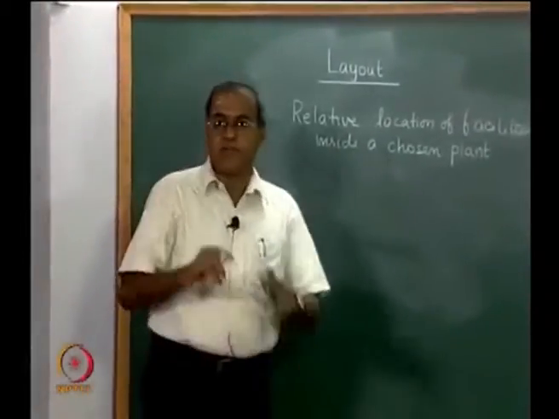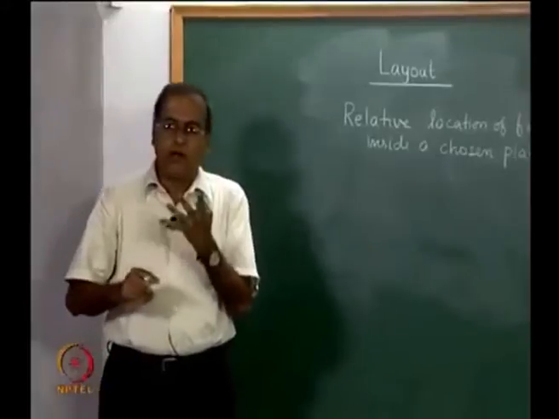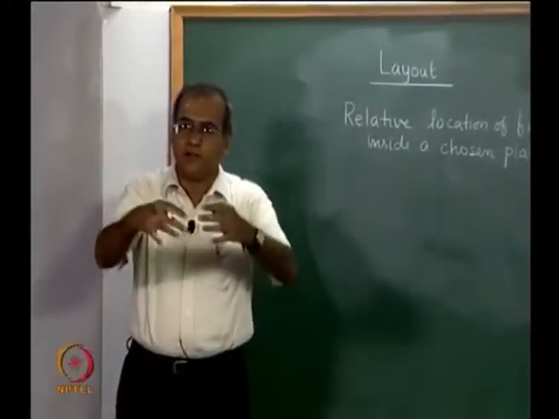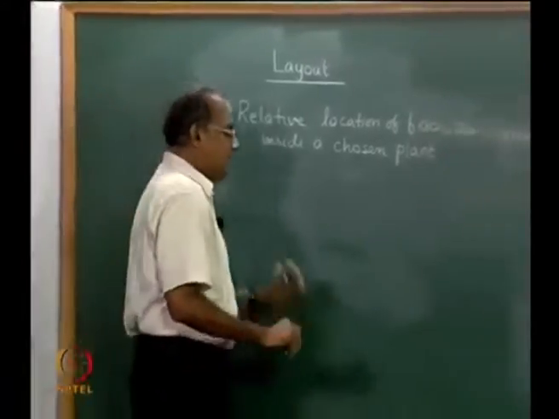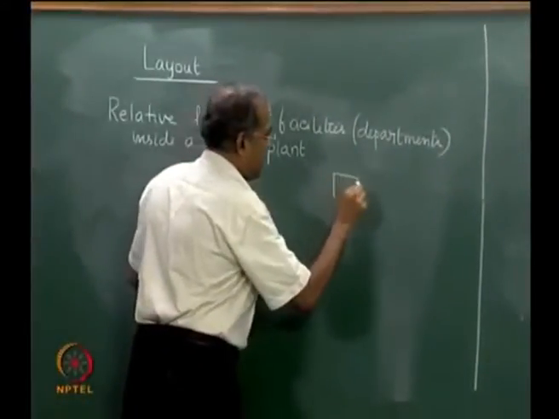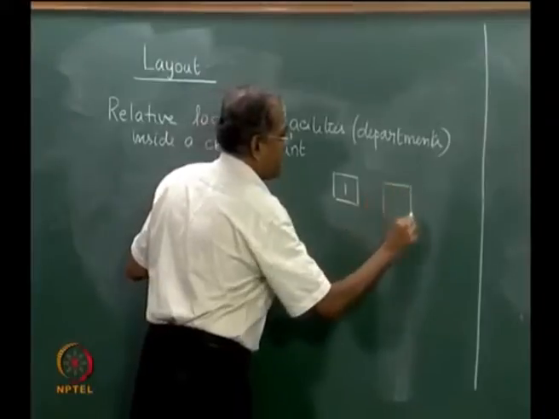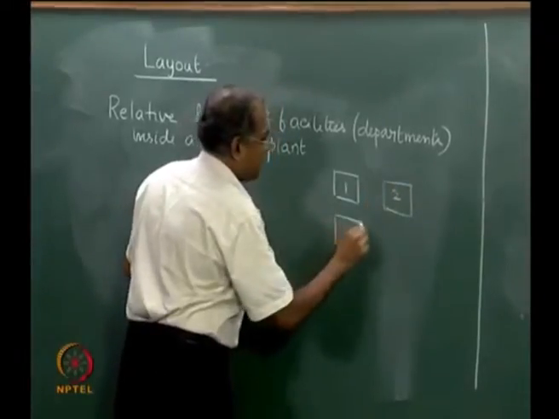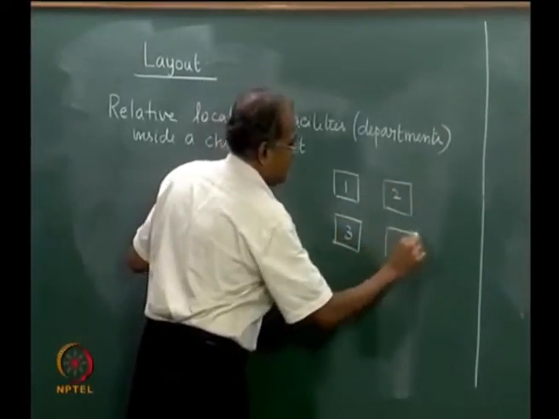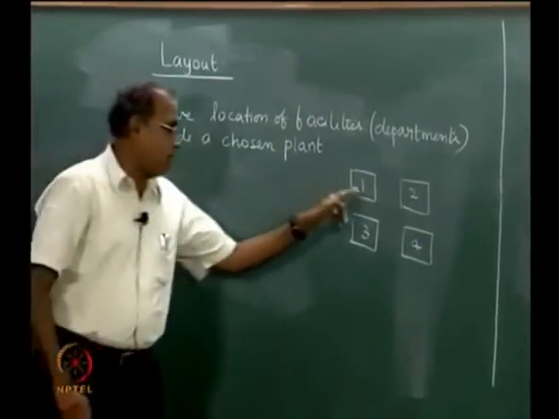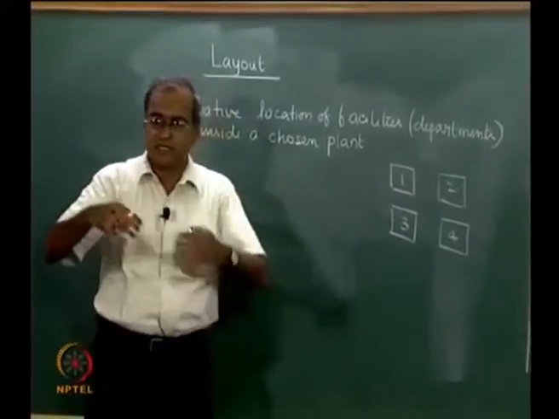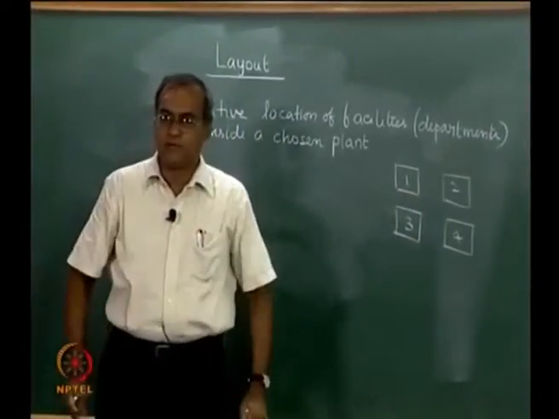Now, if for example, we have 4 departments that have to be located within a certain factory, and suppose we locate department 1 here, department 2 here, department 3 here and department 4 here. Now, there are 4 places where these 4 departments can be located.